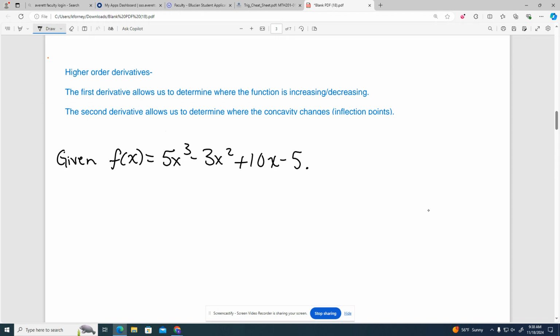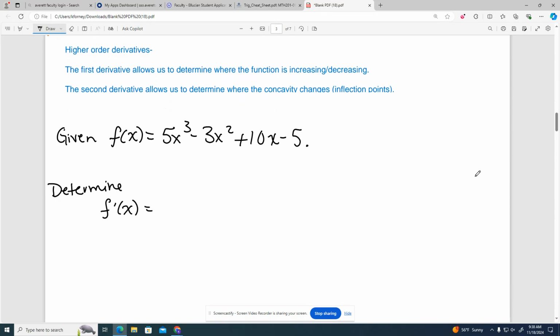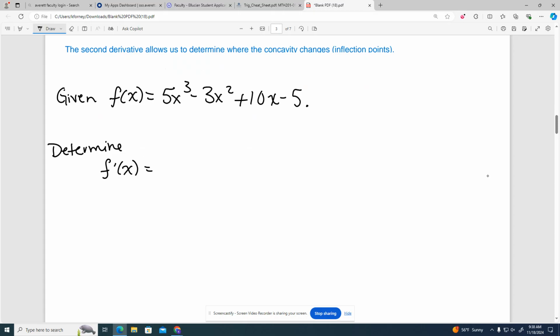Okay? Determine the derivative of f of x. So the first derivative would be 15x squared minus 9x plus 10. We've done that, right?